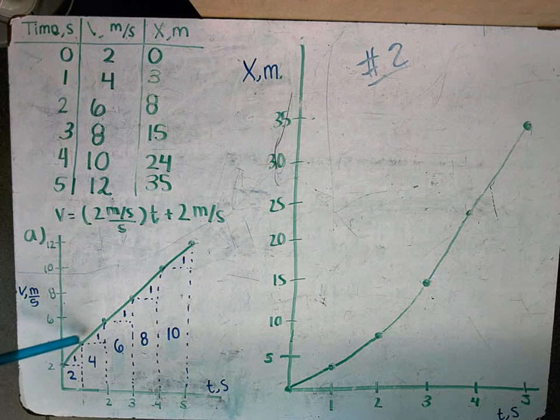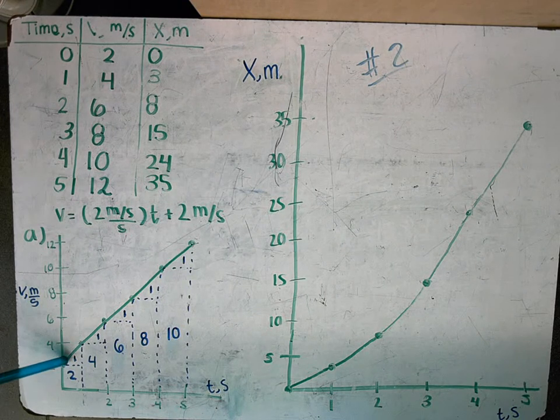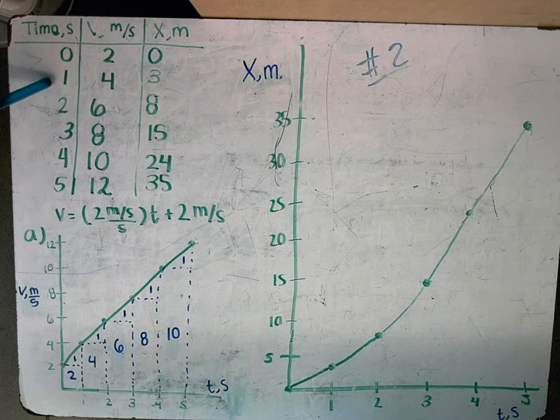And what is the area of a triangle? 1/2 the base times the height. The base is 1 second. The height is 2 meters per second. So 1 times 2 divided by 2, because it's a triangle, is 1. So it represents 1 meter. So we went 2 meters because we had starting velocity, and we went 1 meter because I increased the velocity. So at 1 second, I have gone 3 meters. Everybody, is that clear?